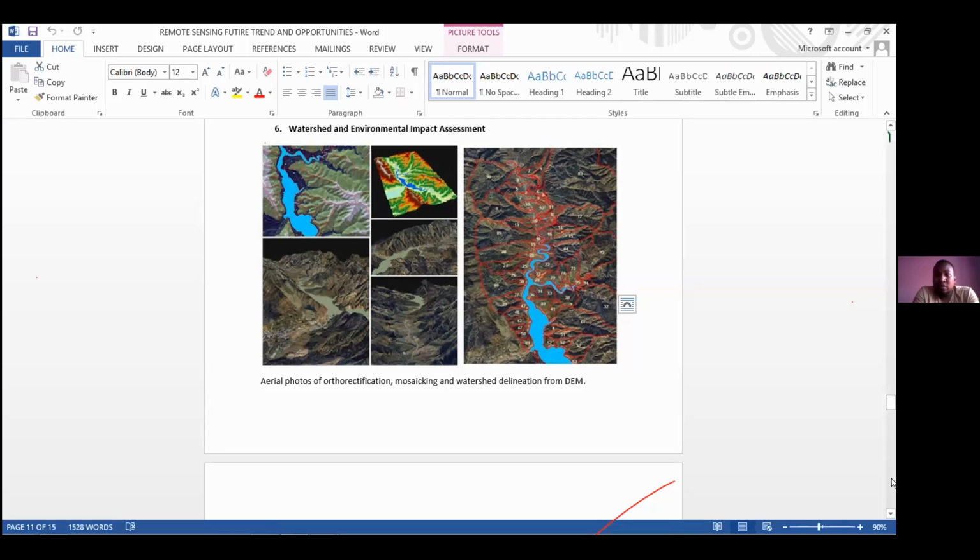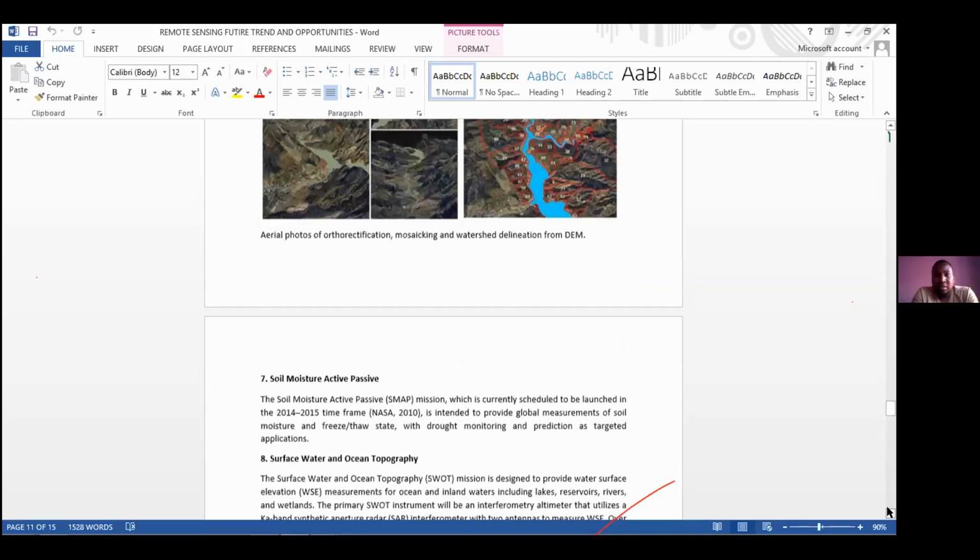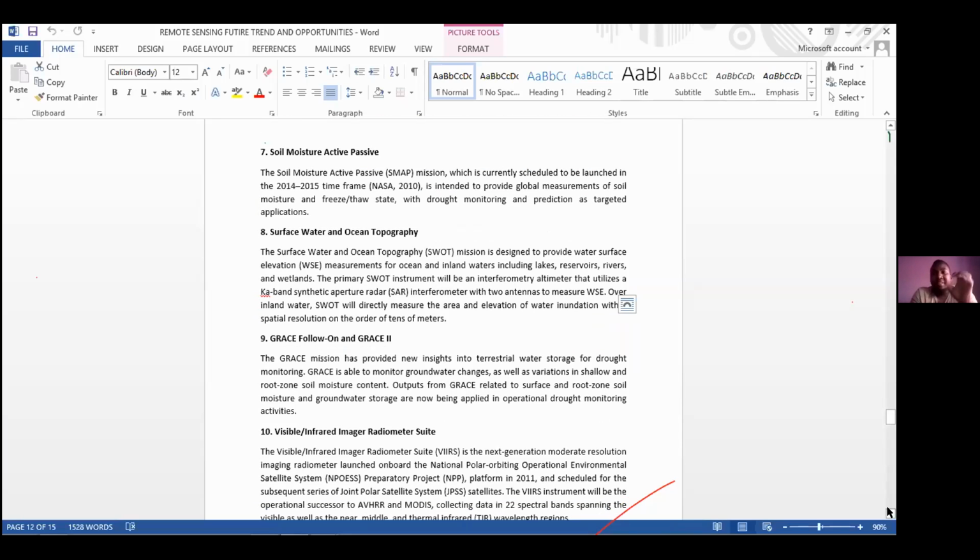The next application of remote sensing is what we call soil moisture active passive. This is a 21st century way of analyzing soil moisture. Remember, as I was starting the course, I told you we have different satellites for different purposes.